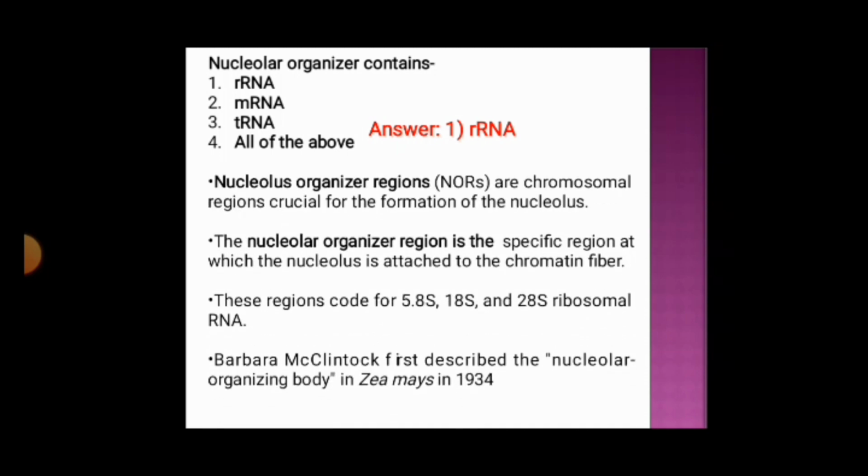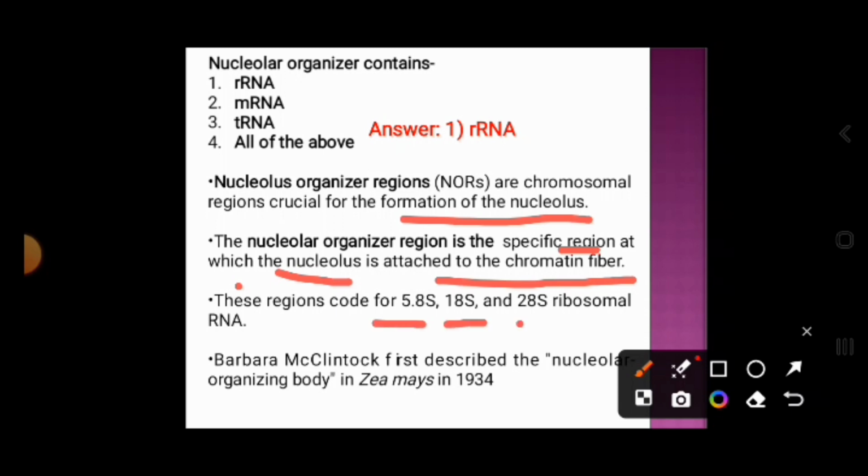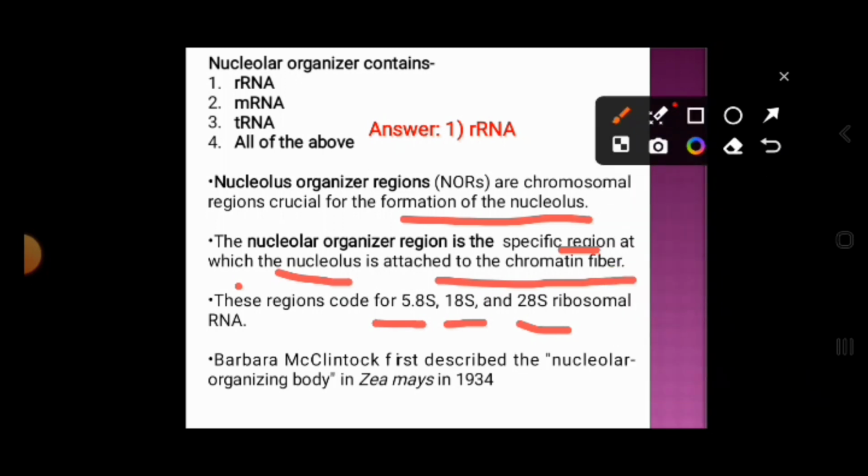The nuclear organizer region is a chromosomal region which is crucial for the formation of the nucleolus. It is the specific region at which the nucleolus is attached to the chromatin fiber. This region codes for 5.8S, 18S and 28S rRNA. It was first discovered by Barbara McClintock in 1934 in maize.